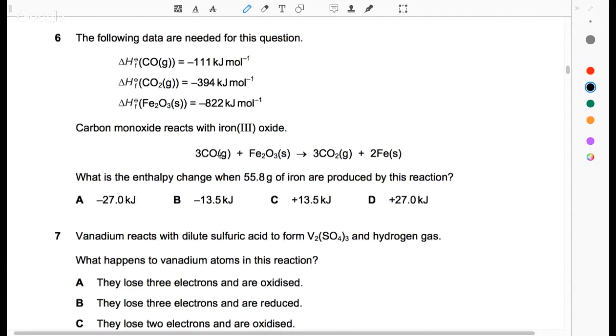Number 6. That's just a calculation. Just maybe set out the equations. Just write what is the equation for it. Okay, so I'm just going to draw an enthalpy cycle.